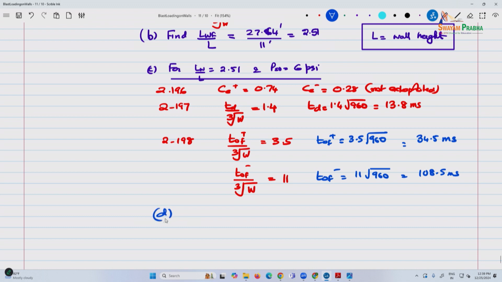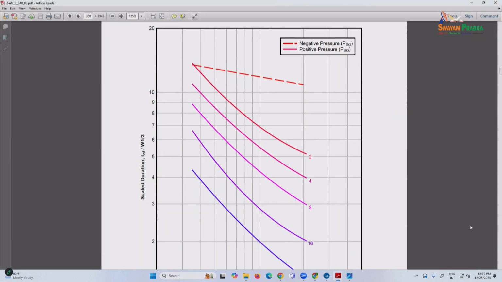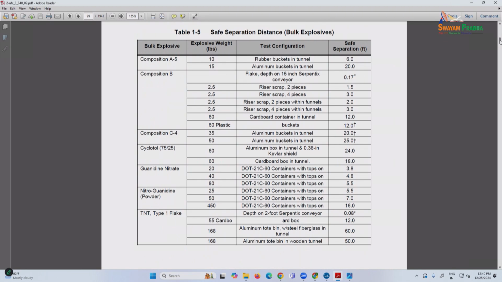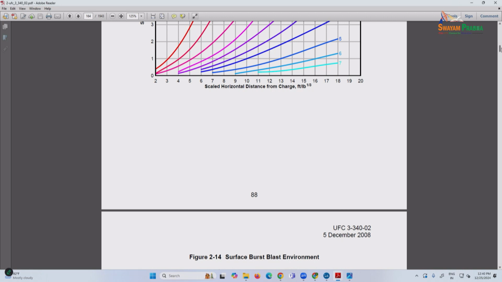Okay, thank you. And then we calculate the dynamic pressure Q naught. This is figure 2-3. Q naught, figure 2-3 going back.